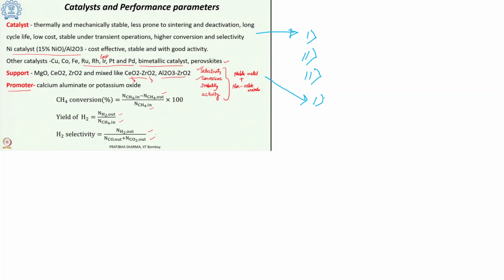That's why the support can reduce coke formation. The support can also provide the required high surface area.